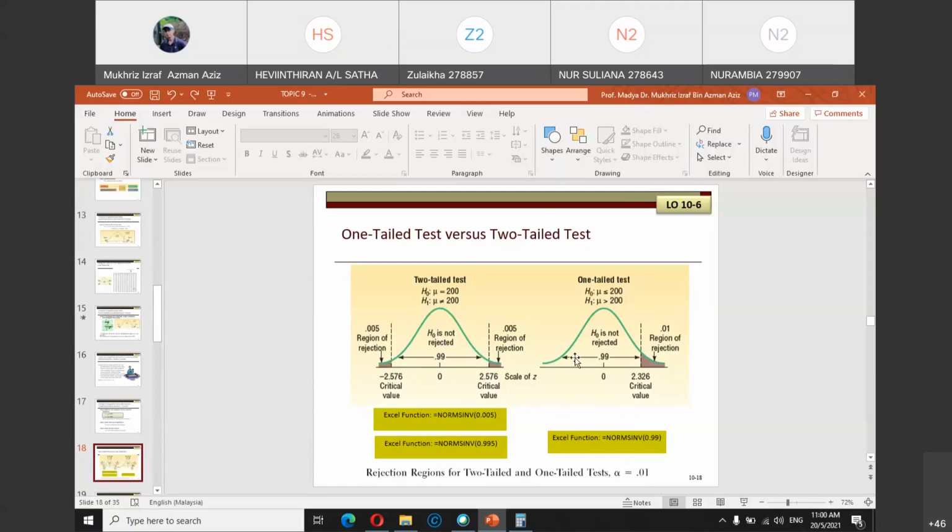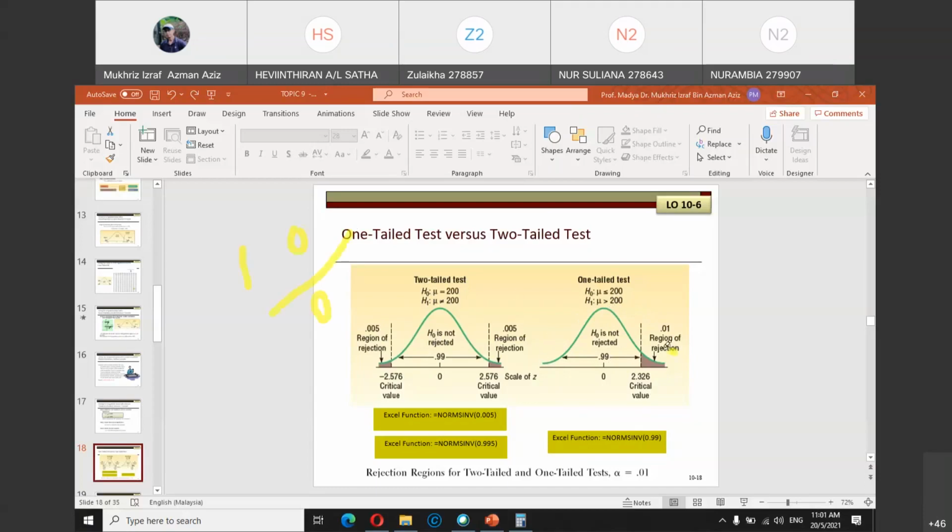But now, when it is a one-tail test, in this case on the right side, the value of the critical value will be the same even if you are doing a one-tail on the left, but the value should be negative. If it is a one-tail test, your alpha just now is 1%, or 0.01.